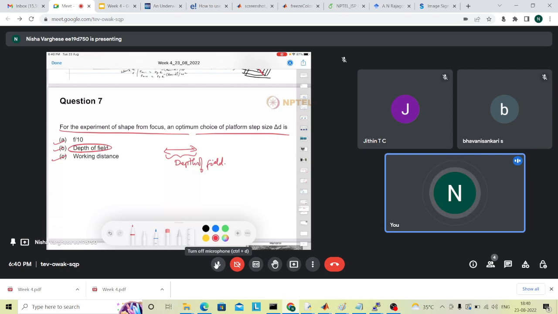We should get another focus value when we shift by delta D. So delta D should be the depth of field, and it doesn't depend on working distance or focal length. So the answer is B, depth of field.